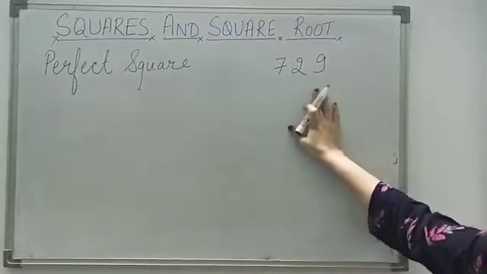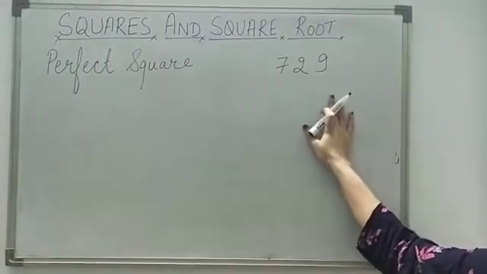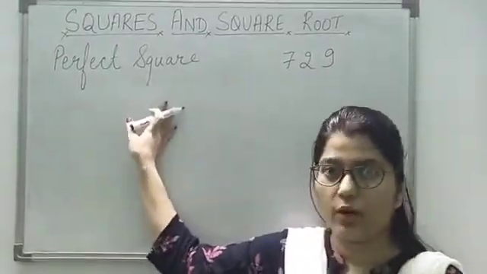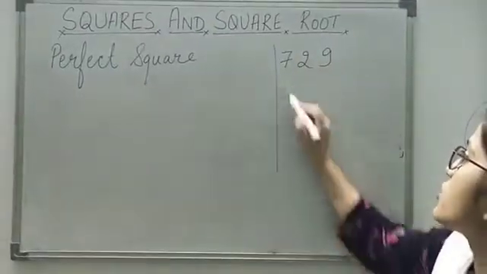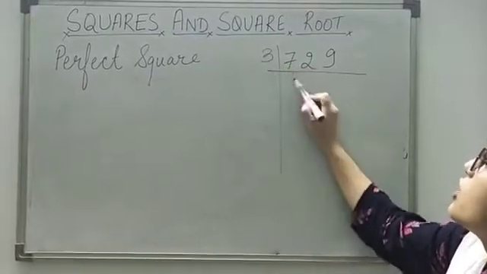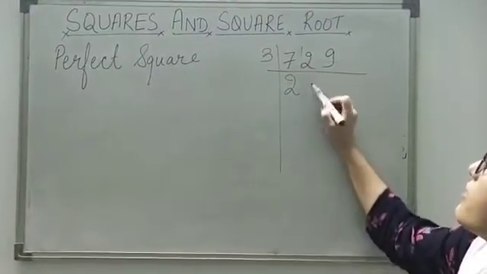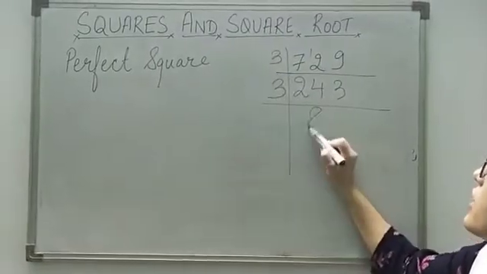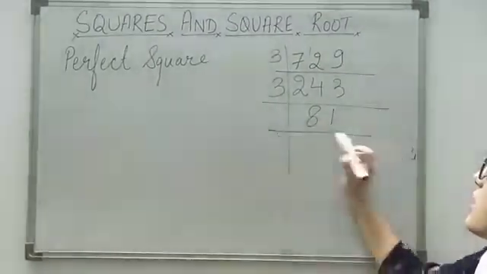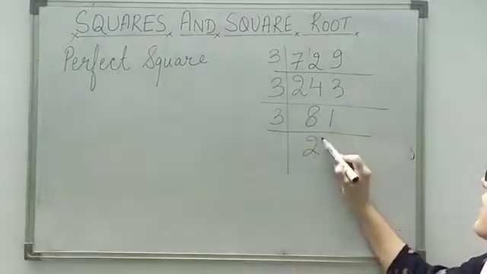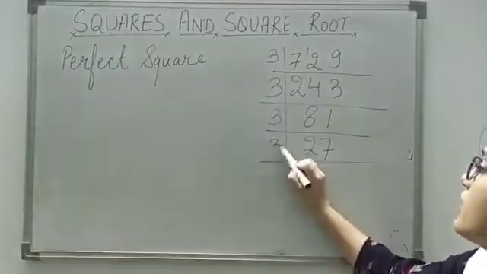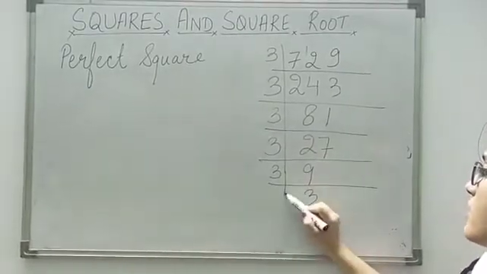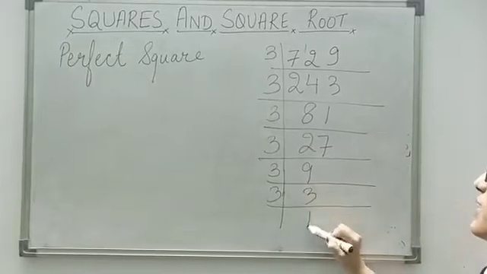So now let's take a new example, that is 729. Let's find out whether 729 is a perfect square or not. So let's solve. 729 means 3 2s are 6, 7, 1 carry, 3 4s are 12, 3 3s are 9, 3 8s are 24, 3 1s are 3, 3 2s are 6, 7s are 21, 3 9s are 27, 3 3s are 9, and 3 1s are 3.